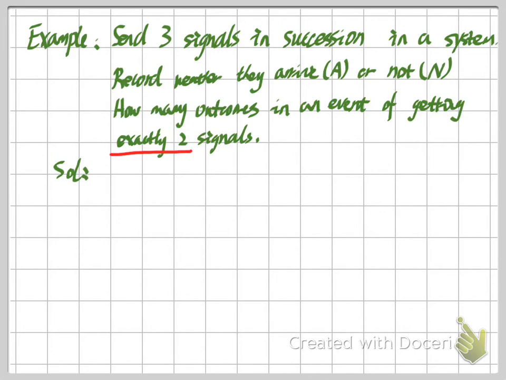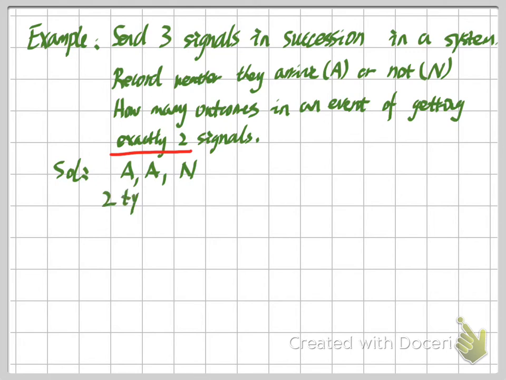We only care that we get exactly 2. So that means we will have 2 items that arrive, and 1 item or outcome that does not arrive. So here this means we will have 2 types.